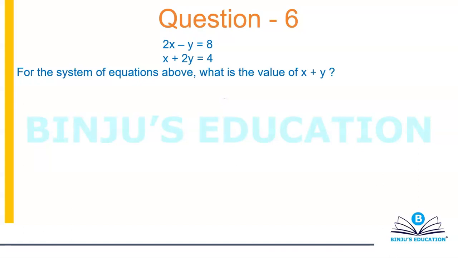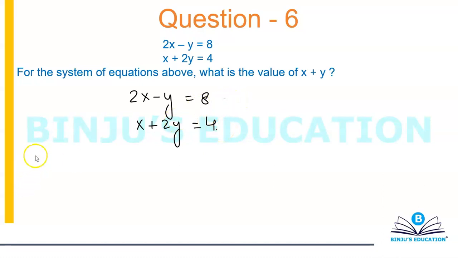Alright, let's try this one. So we have two equations, that is 2x minus y is equal to 8 and x plus 2y is equal to 4. Again, you can either make the coefficients equal, or you can use the substitution method. I'm going to go with the substitution one.